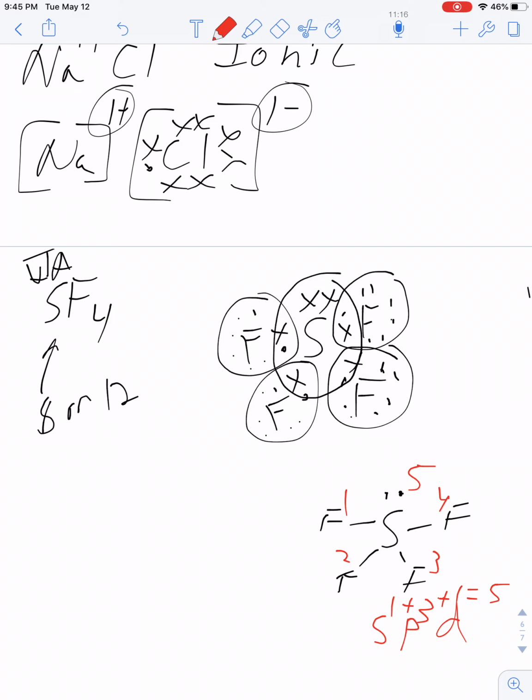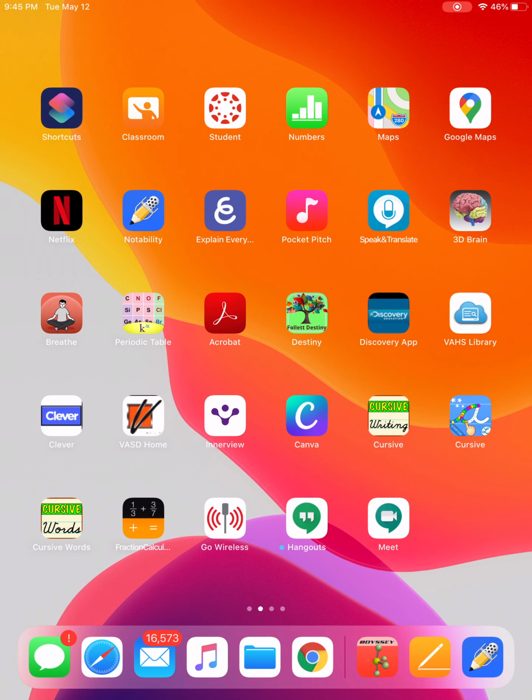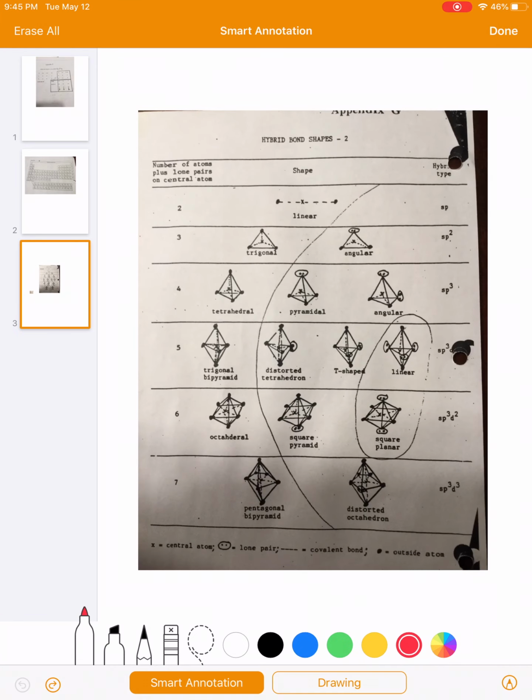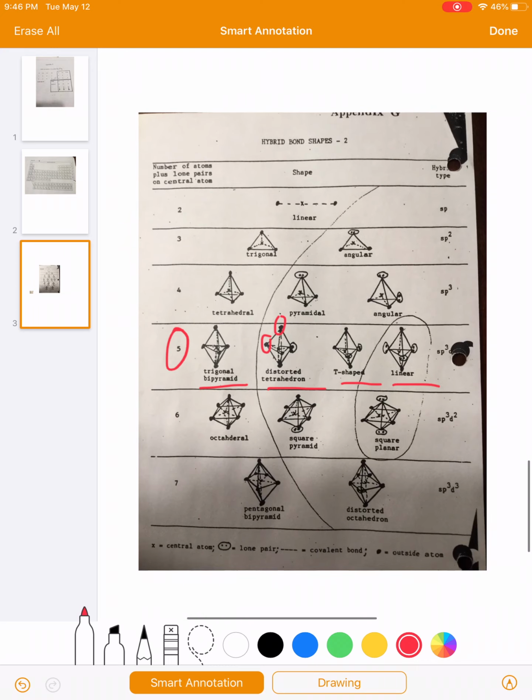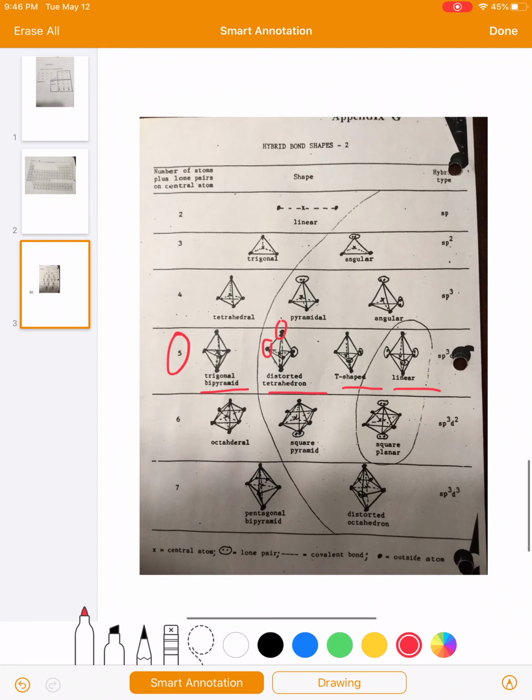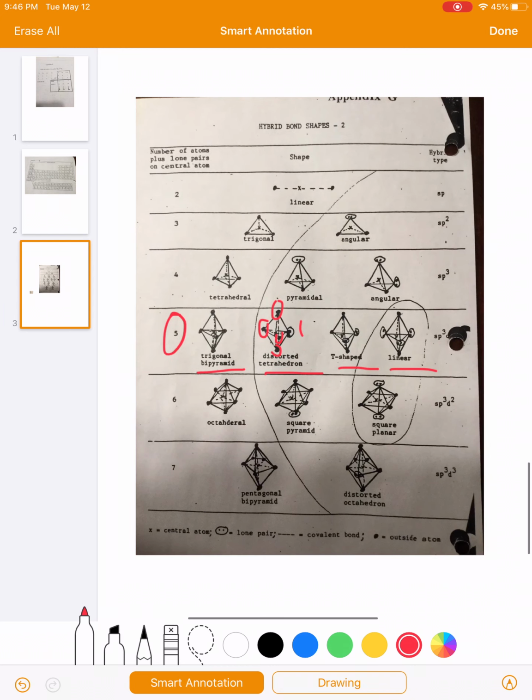Or you could just say, okay, I got 5 things attached to it. Let's go to Appendix G. Here's the number 5. Now I have 4 options for my answer. Which one of them has 4 atoms and 1 lone pair? And it's this one. Okay, and there's my 1 lone pair. So my answer is distorted tetrahedron.